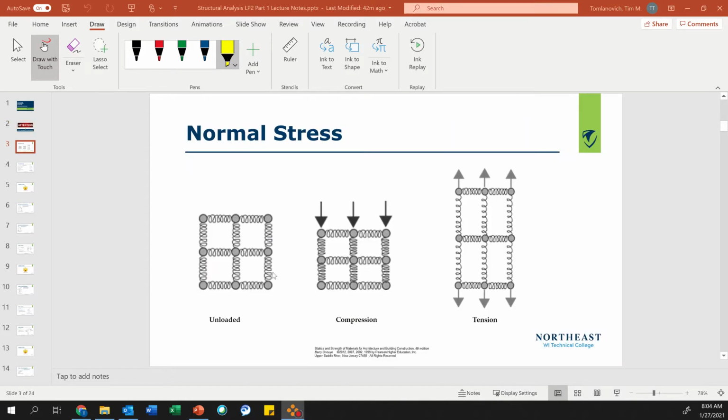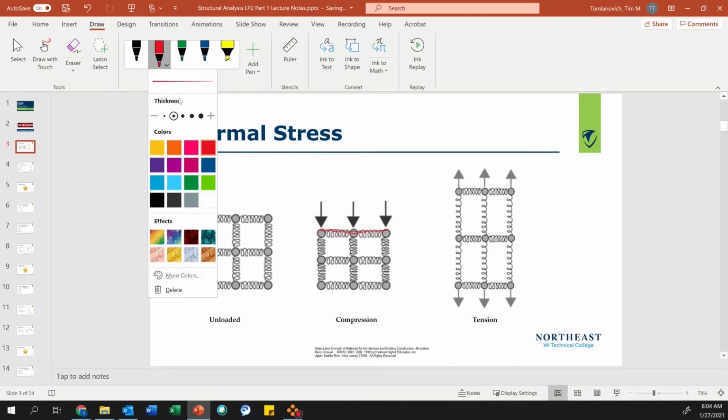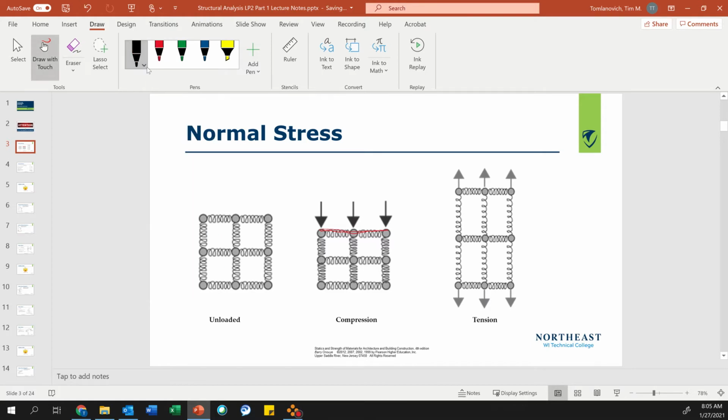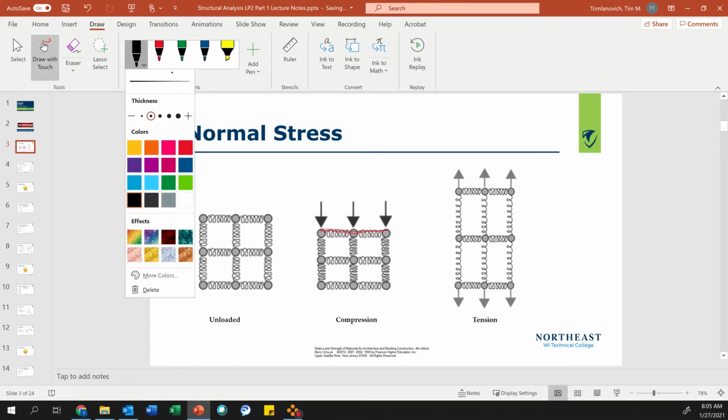Okay. So let's talk about normal stress. When you look at an unloaded spring here, compression, normal stress, basically means that the load, let's make this a little thicker so it's easier to see for you guys.